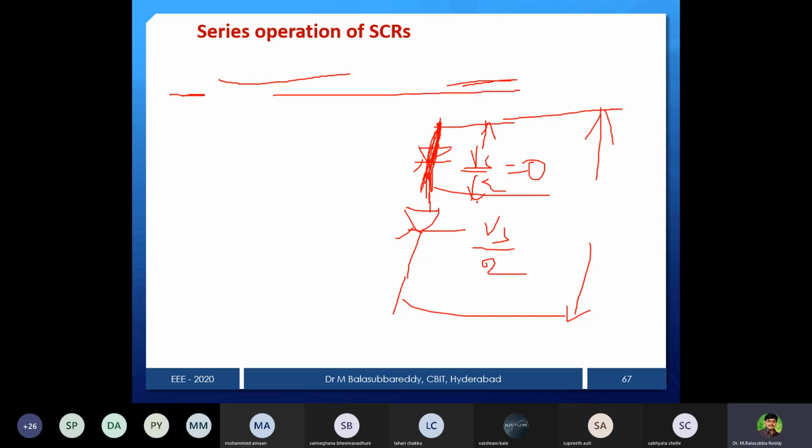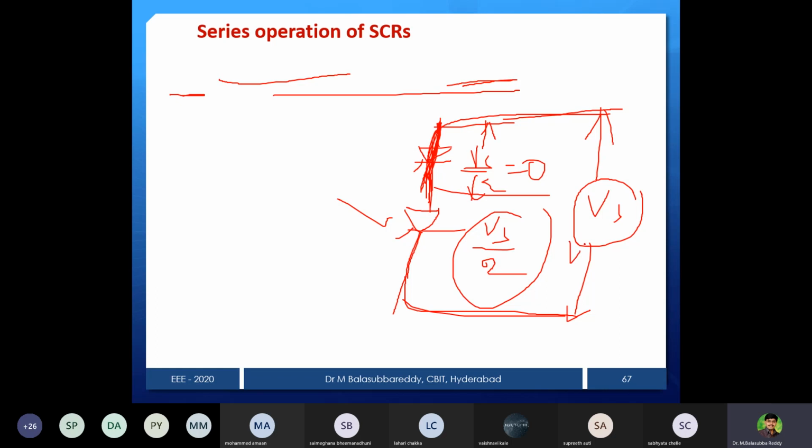And what about the second device voltage? It is already shorted now, so the total string voltage will appear across the second device too, because it is open. This anode is directly connected here, cathode is directly connected here. Therefore, total voltage across SCR2, instead of Vs by 2, will now become Vs.